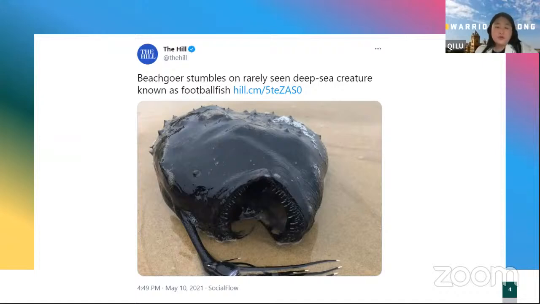So as usual, we link to some recent news. I found that a very deep sea fish, a Latin fish, was discovered on a beach, I think a California beach, but I can't go to see it. It's very unusual, a deep sea creature appearing on a beach.